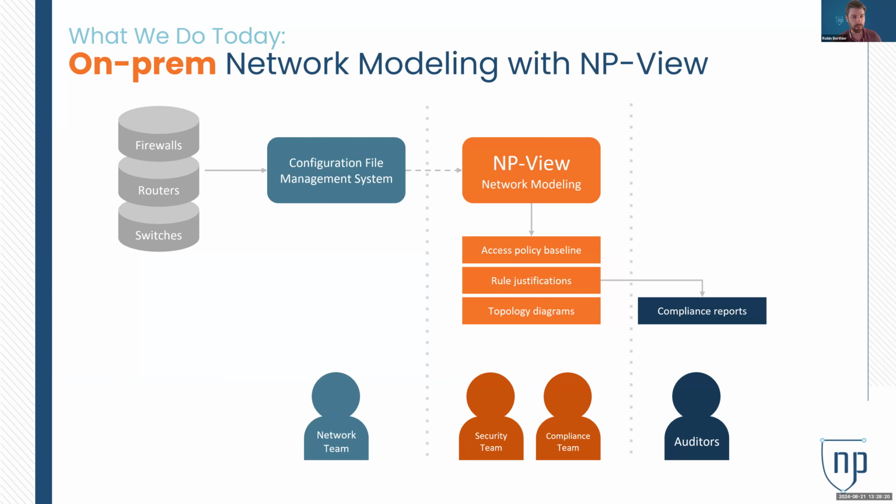We also model all the paths inside those environments to check whether the segmentation has been correctly implemented. We serve the needs of mostly the security team and compliance team, but also the auditing team.